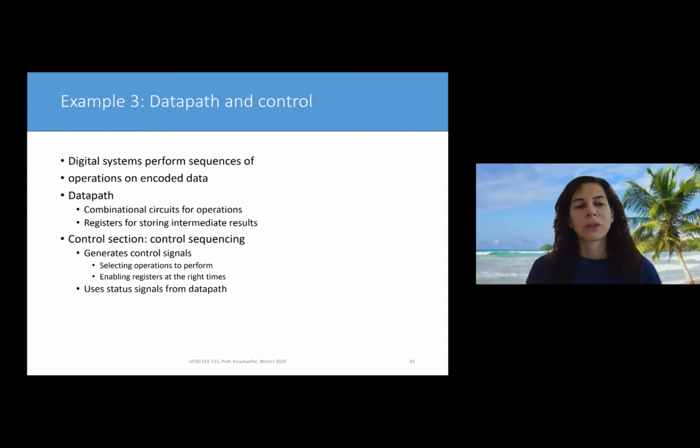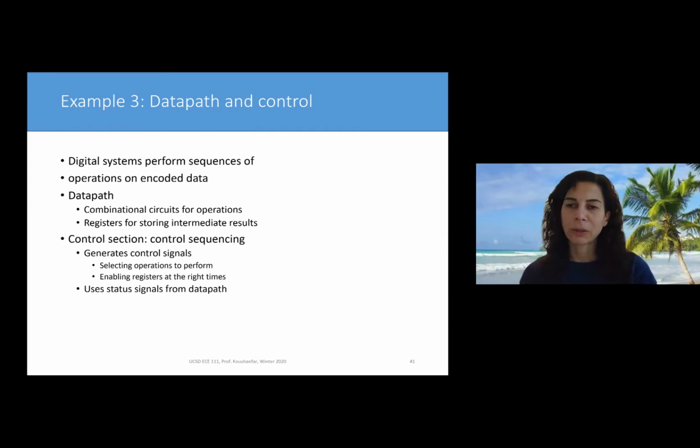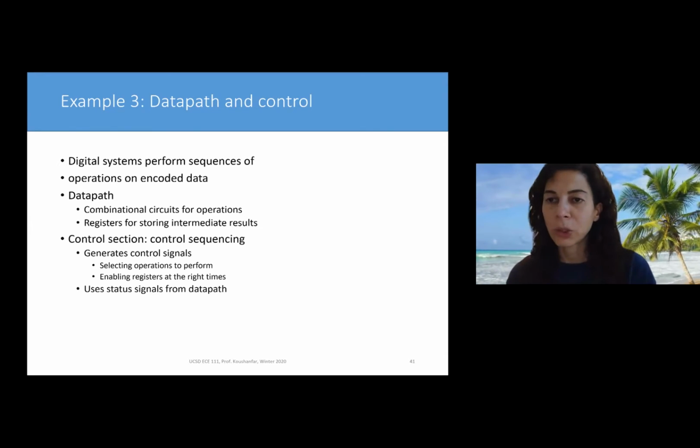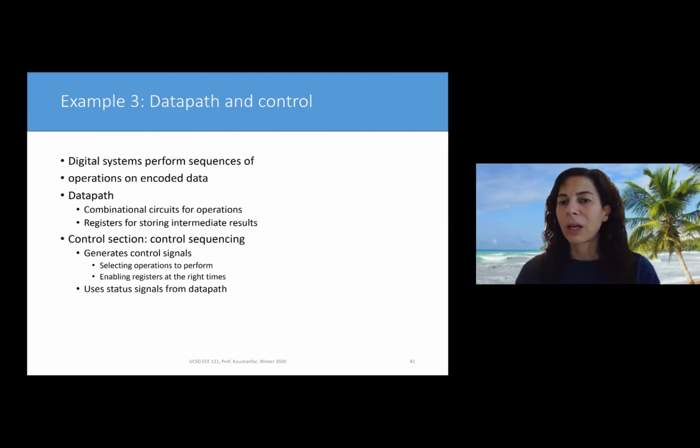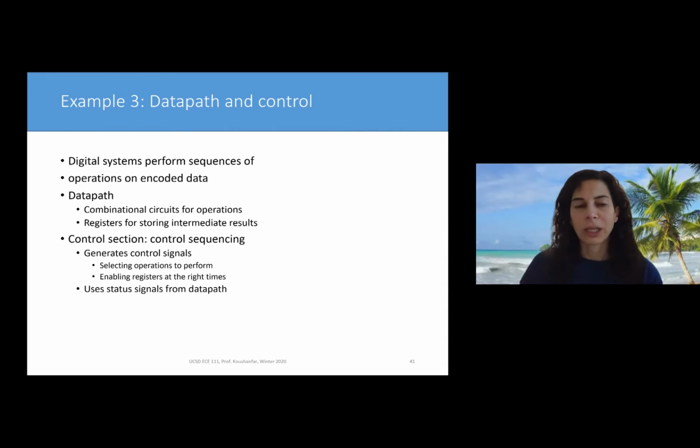And this is going to generate the control signals. It selects the right operation to perform, enables the registers that are going to be selected, and then the status signal from the data path is telling us if the units that you're trying to use are busy or available for us to do these kinds of operations.